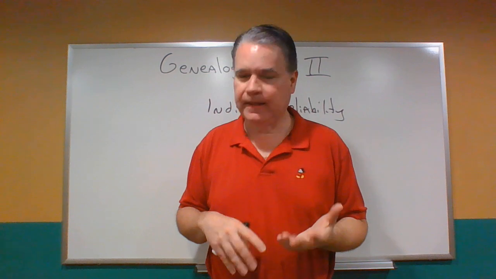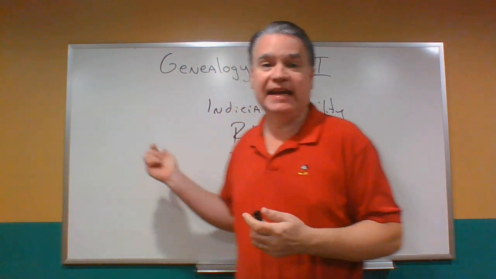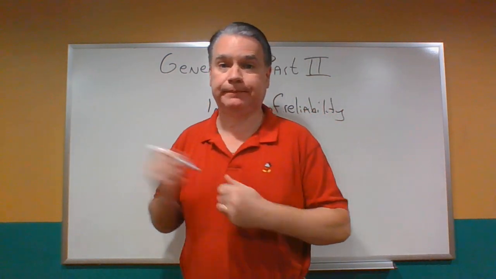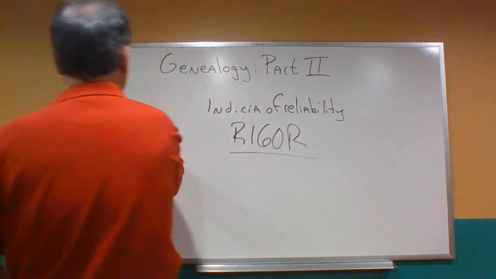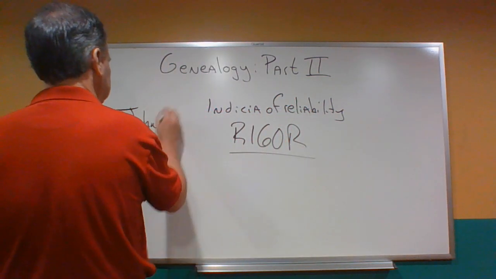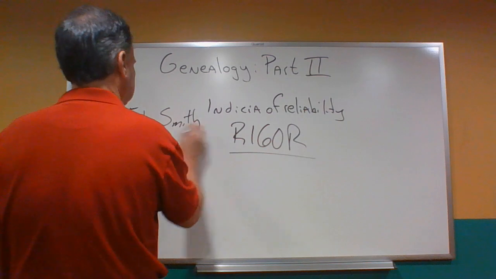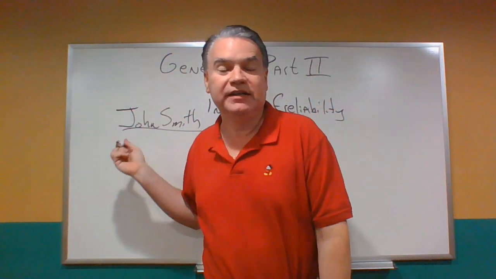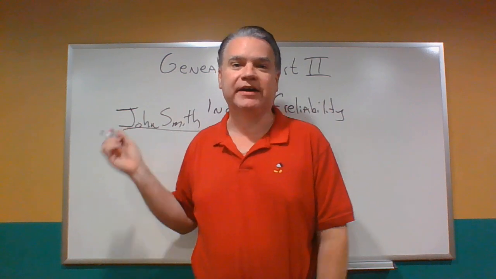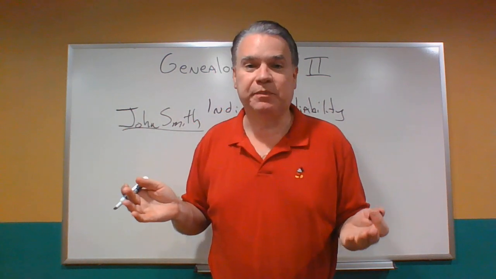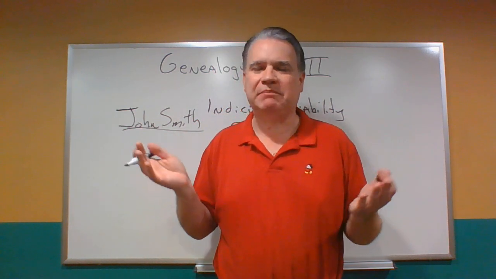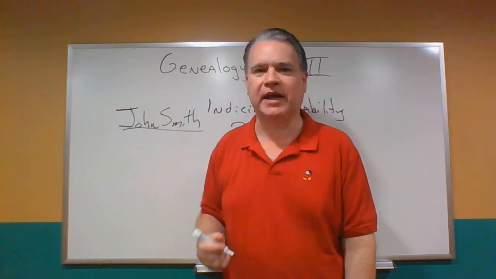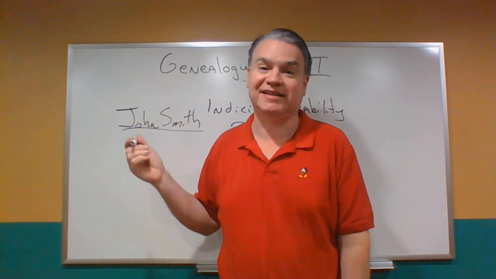And remember, just because you have a name in your tree, John Smith, and just because you know his dates of birth and death and marriage, that's just the tip of the iceberg. That's just very basic information that you happen to know about this person. You know their names and some dates, and that's it.